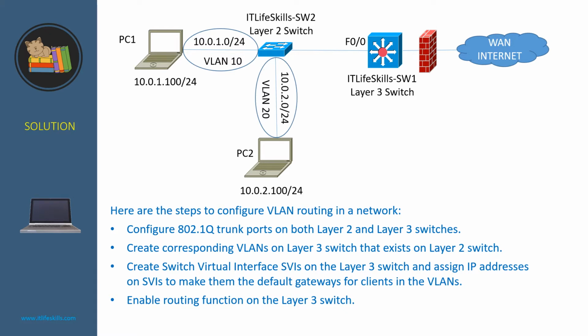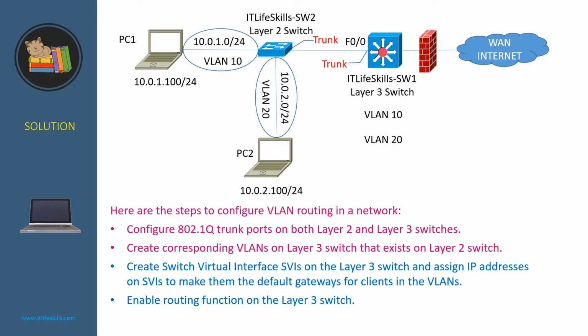Here are the steps to configure VLAN routing in a network using switch virtual interfaces. First, we need to configure 802.1Q trunk ports on both layer 2 and layer 3 switches. Then we need to create, on the layer 3 switch, the corresponding VLANs that exist on the layer 2 switch.